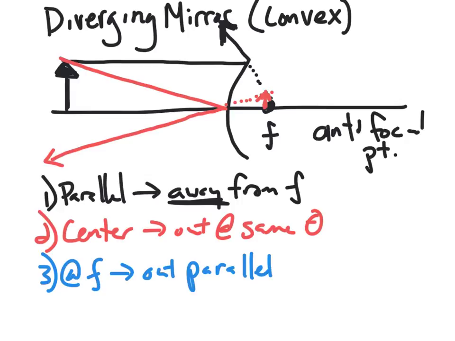If you wanted to do a third one, you could aim at this focal point, and then come out parallel. You don't necessarily have to do that one. You can get by with doing just those two for all of them, but it gives you more options to have.